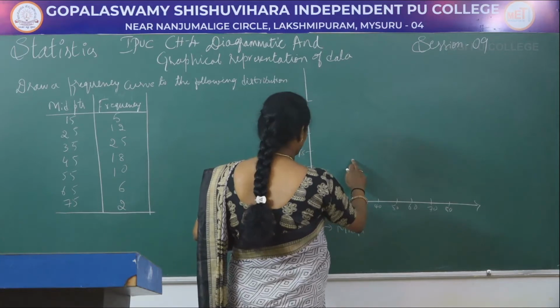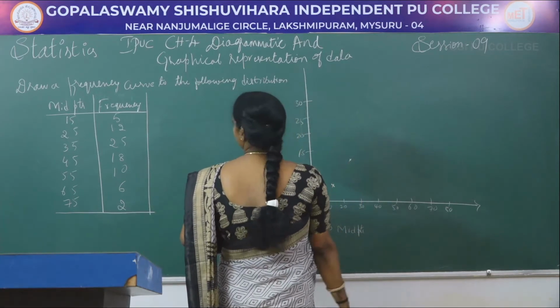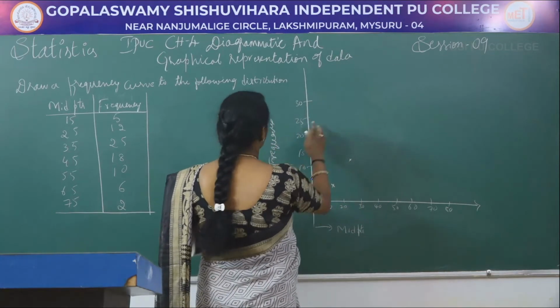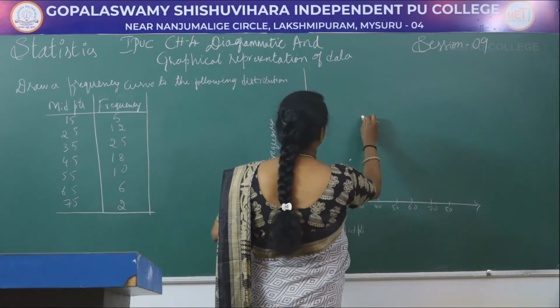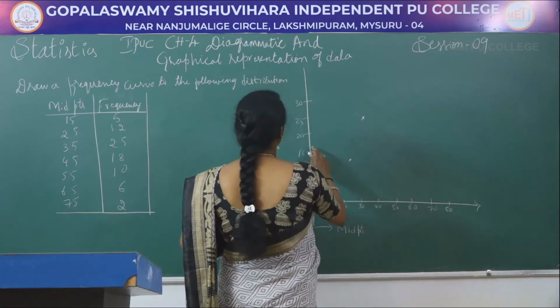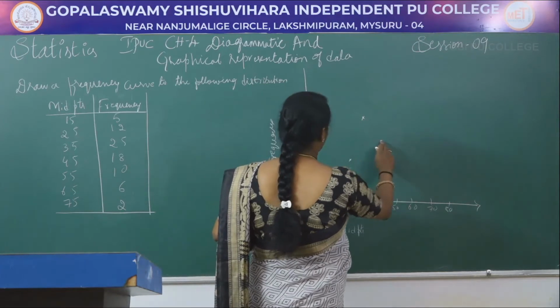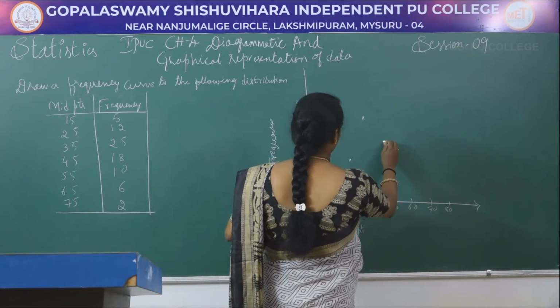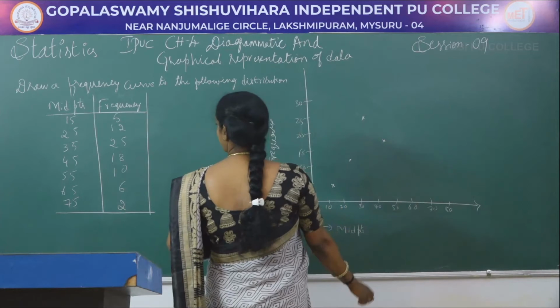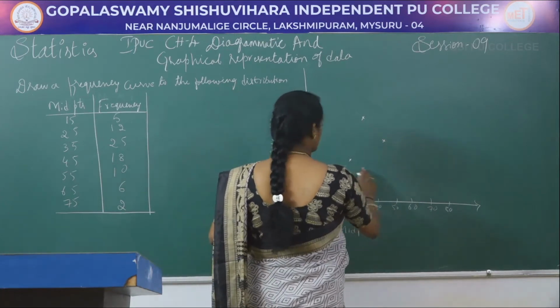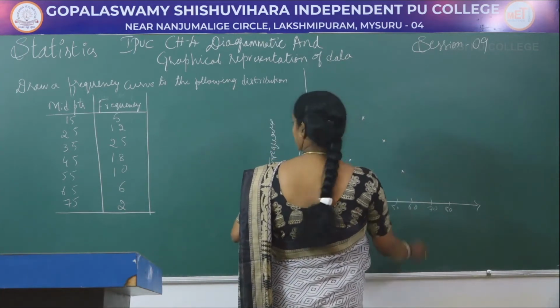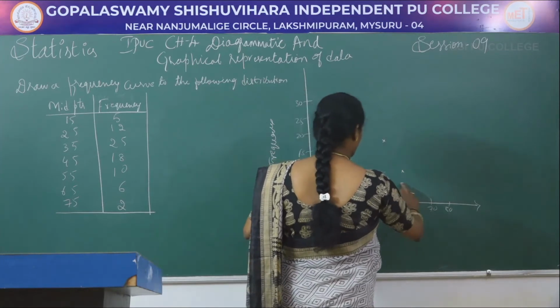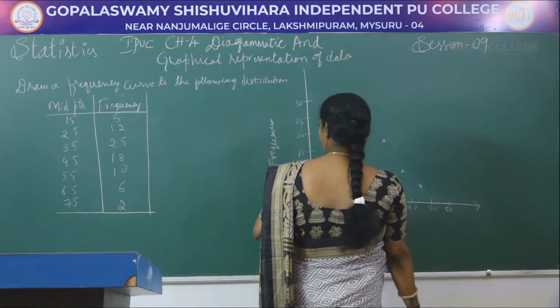It is 12. Next it is 25. 18, next 10, 55, 10 it is, next 6, and last one is 2.